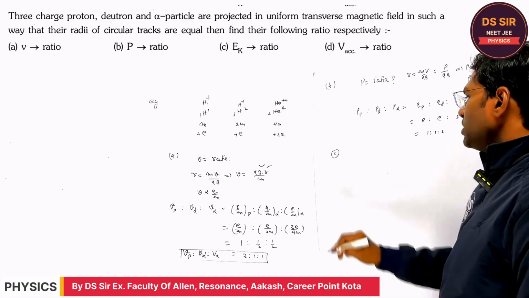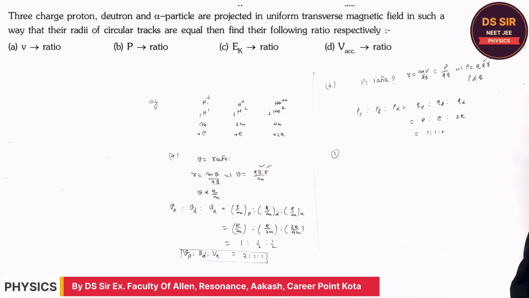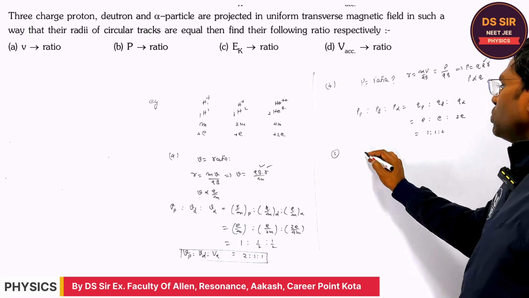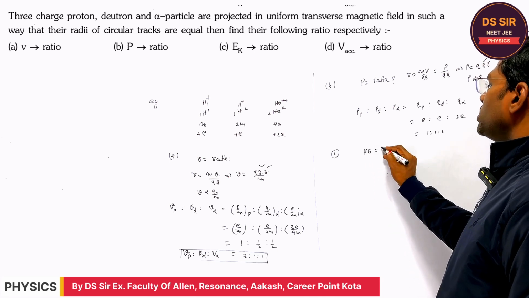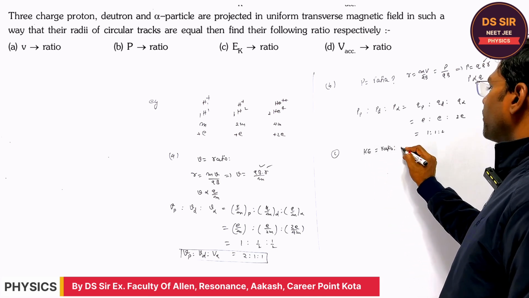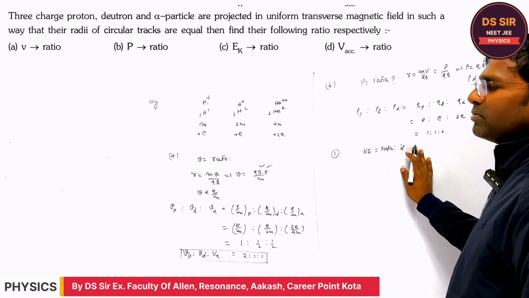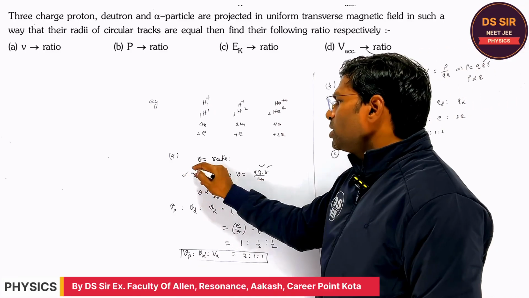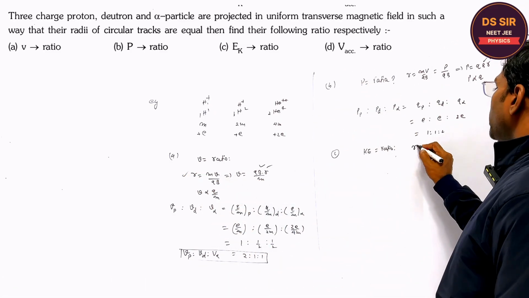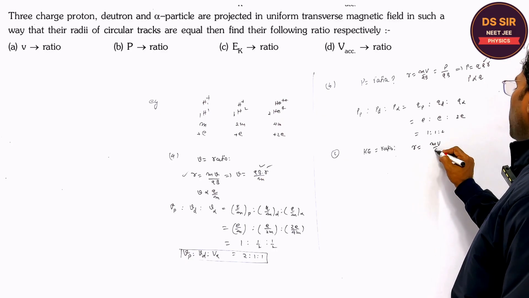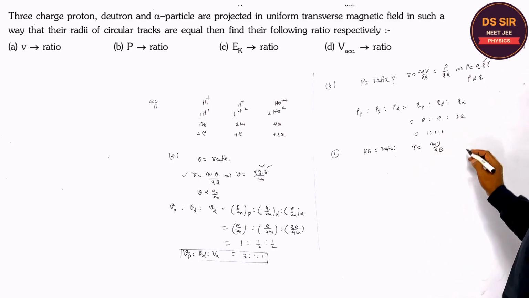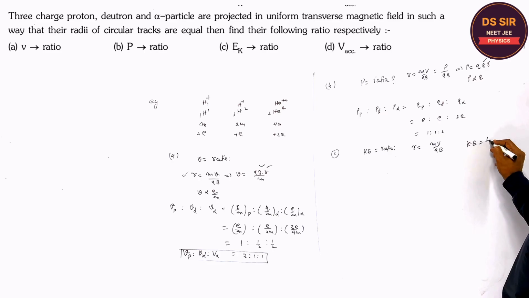In the C part, what they are asking is the kinetic energy ratio. This ratio they are asking if radius is same. In every question, radius is same. So what is the radius formula? Radius is mv upon qB, and the kinetic energy is half mv square.